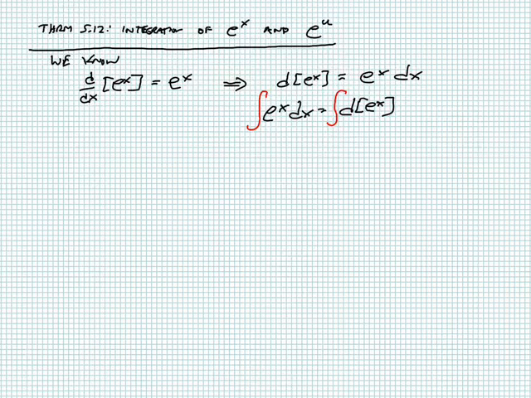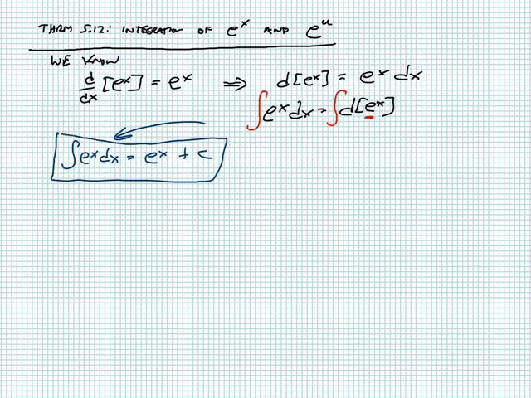Remember that the integral of d of anything is equal to that thing plus c. So we got a pretty simple rule for integrating e to the x. So the integral of e to the x dx is just equal to e to the x plus c, which makes sense because the derivative of e to the x is e to the x.